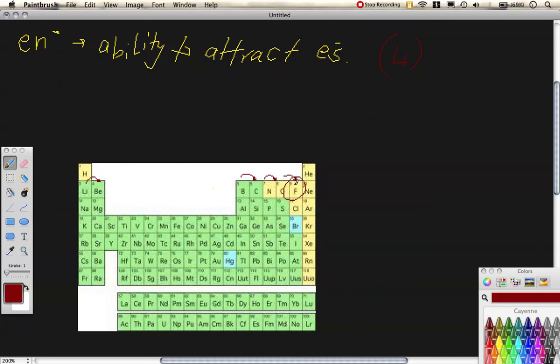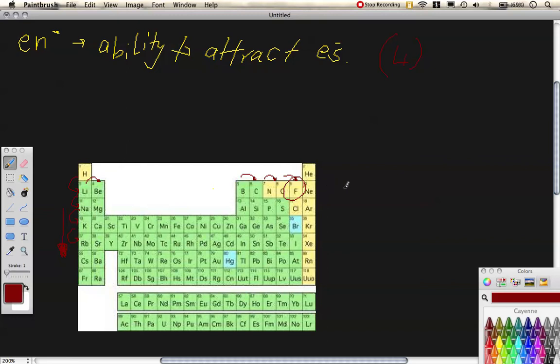to attract one's electrons, because the positive core charge has a great affinity for the negative electrons from another atom. The reason why electronegativity decreases down a group is the same reason that ionisation energy decreases down a group. That's because, guys, you're adding energy levels with every step you take down a group.